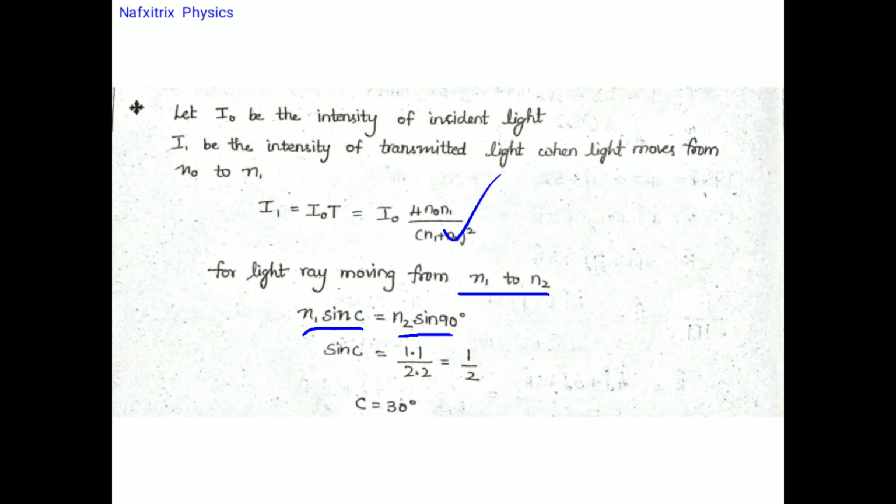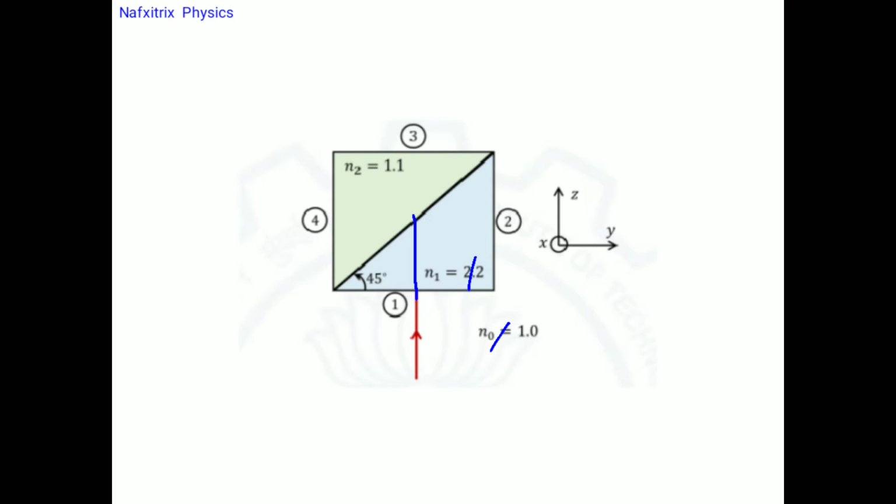So for total internal reflection, that means at the critical angle, the light actually goes from denser to rarer medium. The formula for refractive index is n is equal to c by v. So the optically denser medium is the one where the velocity of light is less.